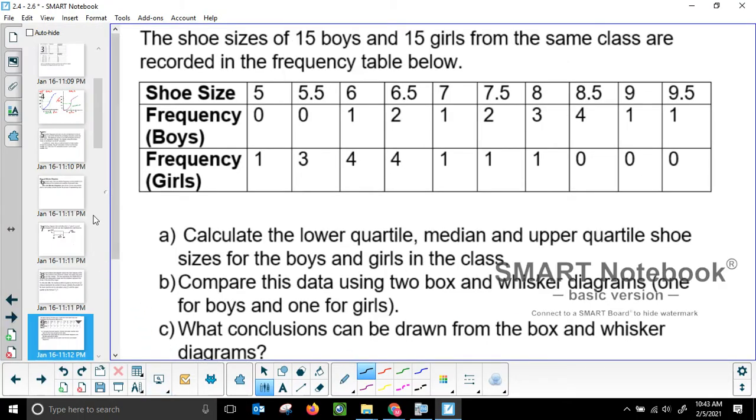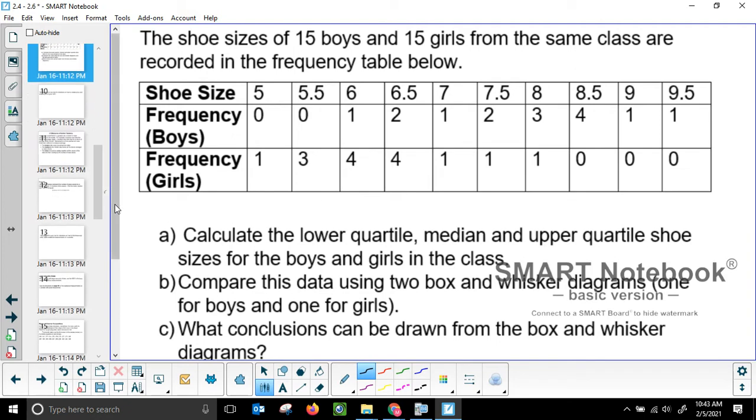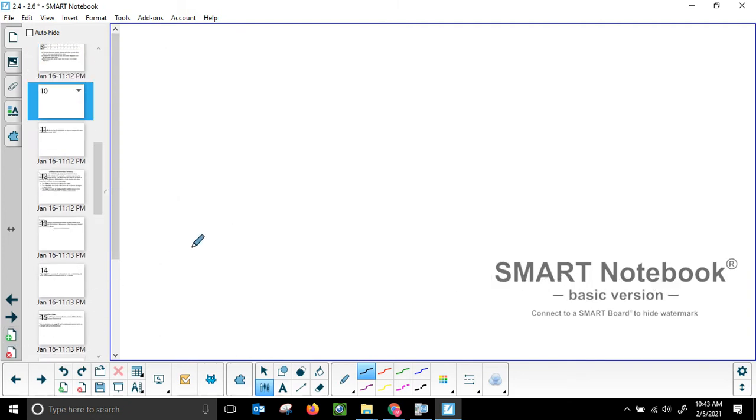So what we're going to do here is add a slide for our box and whisker diagrams. We're using all of this data from before. I will use blue for boys. First we need to find the median.